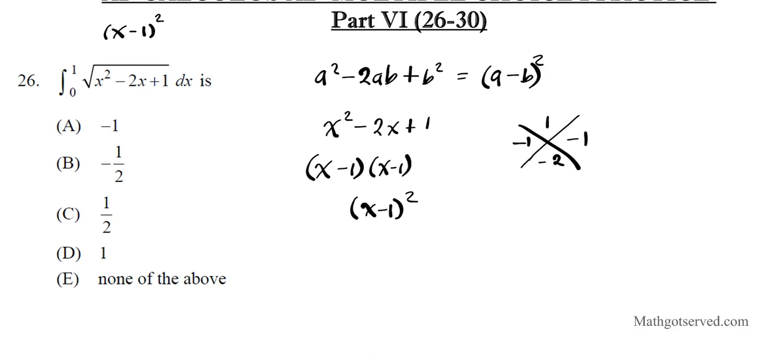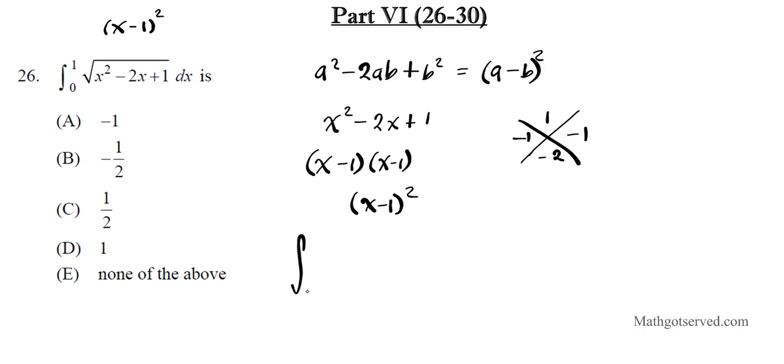Now we're going to rewrite the original problem, the integral from 0 to 1 of the square root of x squared minus 2x plus 1 dx, replacing this piece with the factored expression.